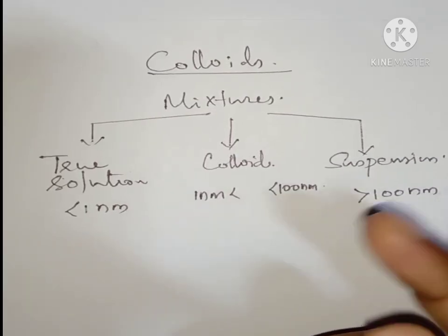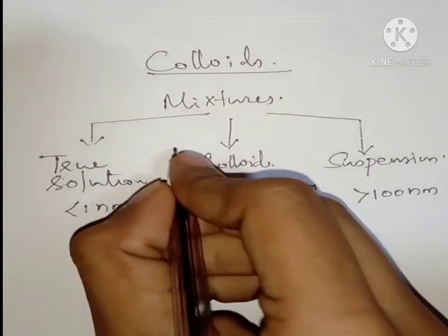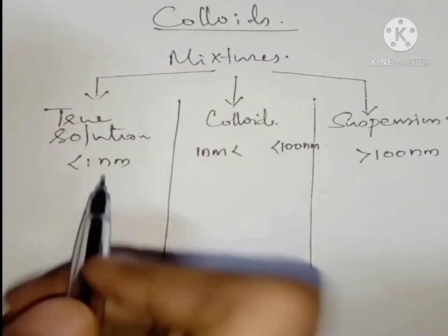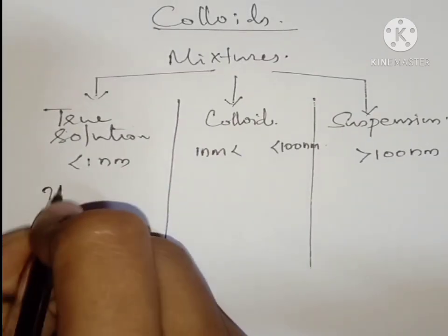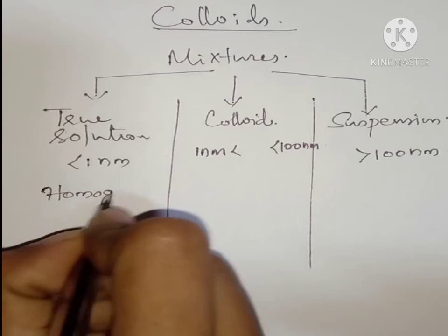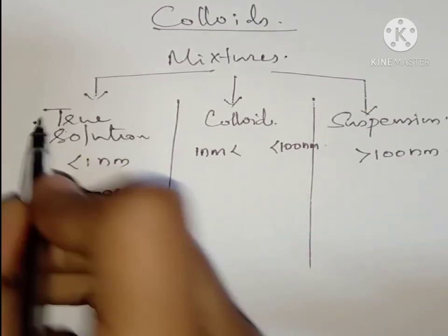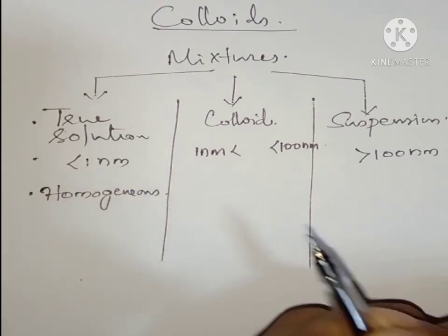If we differentiate the properties of these three, you can say true solutions are homogeneous substances. Homogeneous means the properties of the substance is uniform throughout.